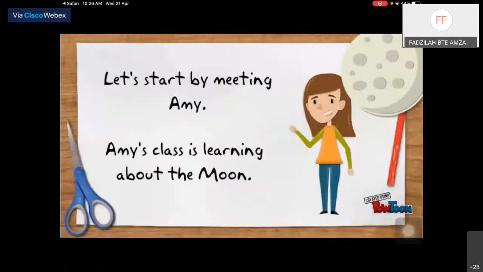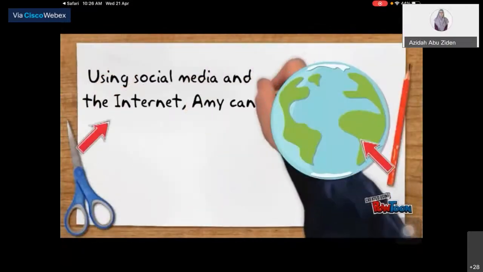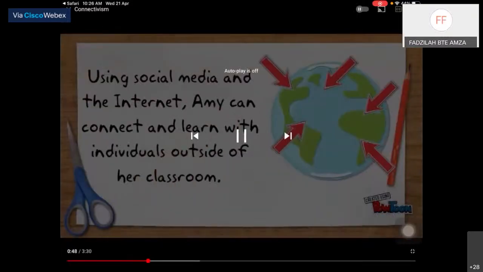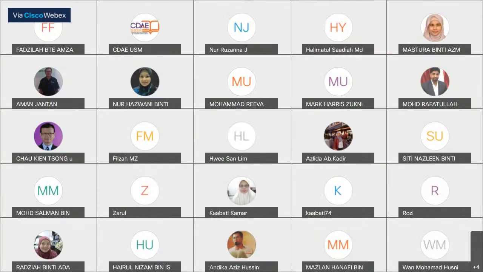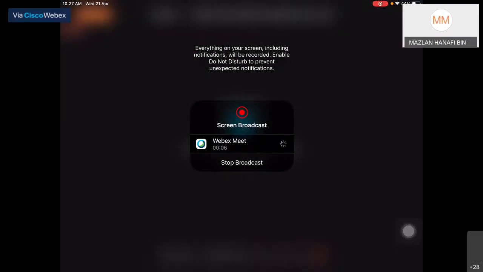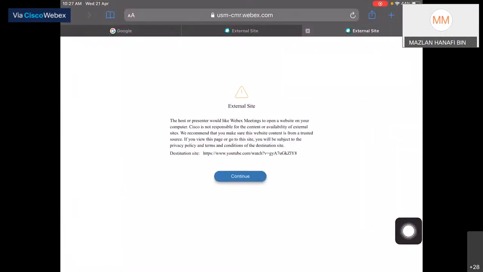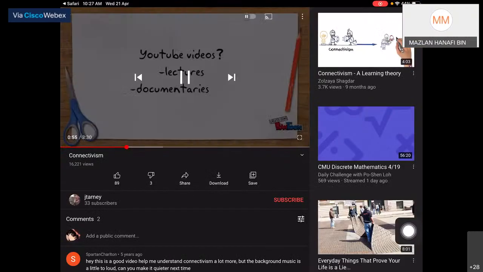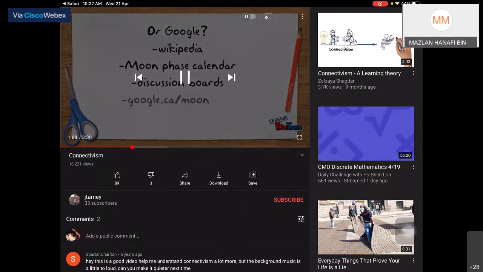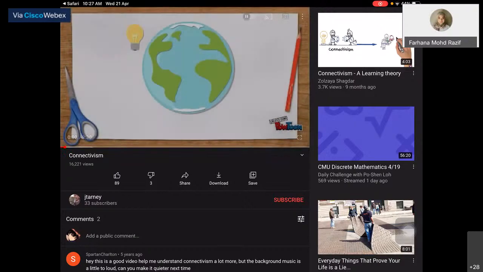Dengar tak? Tak dengar. Saya cuba. Boleh dengar ke? Okay, boleh dengar tak? Dengar.